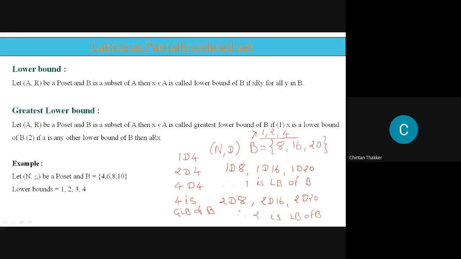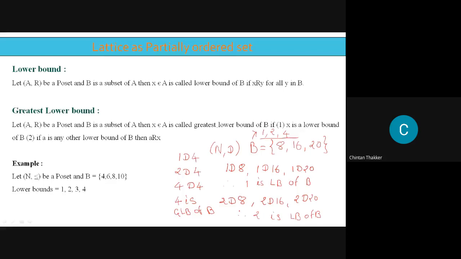So 1 is related to 4, 2 related to 4, 3 related to 4, and 4 itself related to 4. So 4 is the greatest lower bound. GLB is 4.